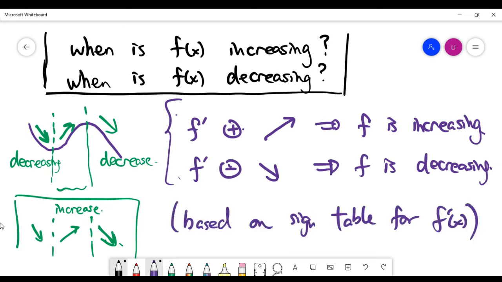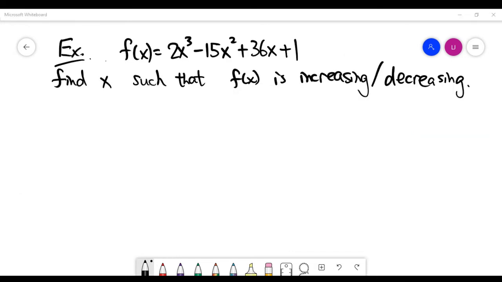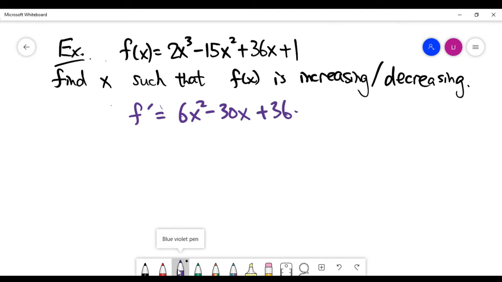For the first derivative f prime of x, let's do some examples together now. We look at the current example of a given function f, and you are asked to find the x such that f is increasing or decreasing. So let's look at the first derivative. The f prime is 6x squared minus 30x plus 36, right?